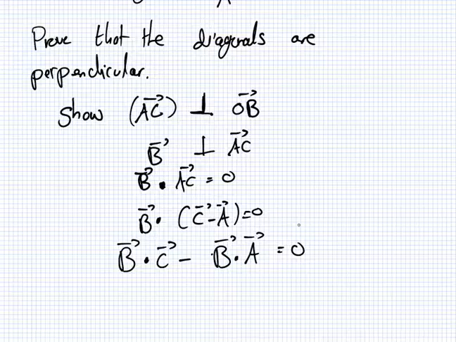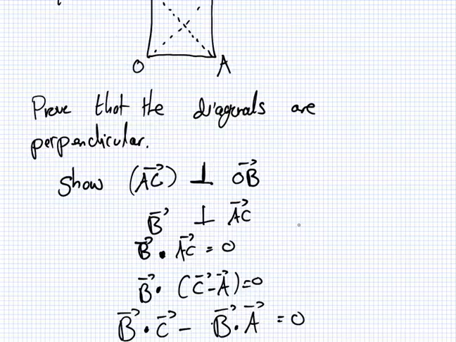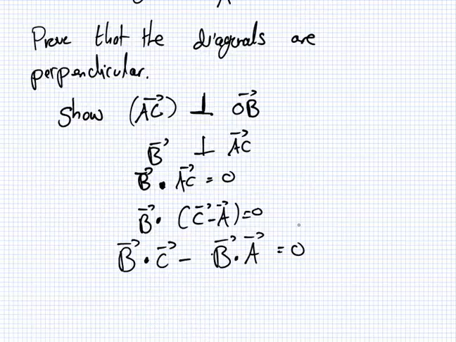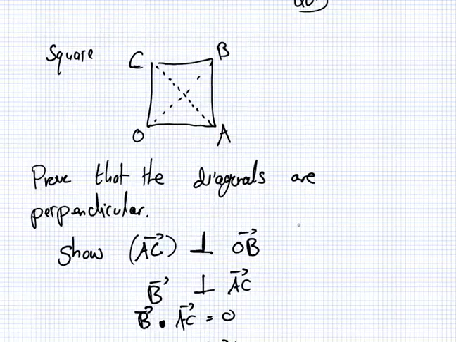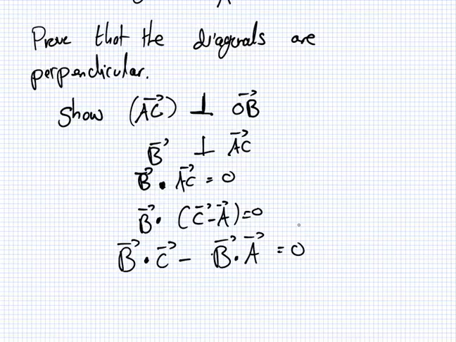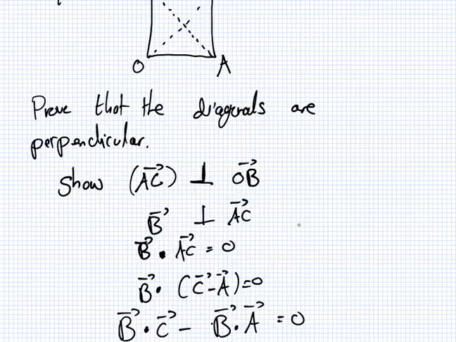Now, if I go back to my diagram, let me see, what is vector C the same as? What's C? AB.